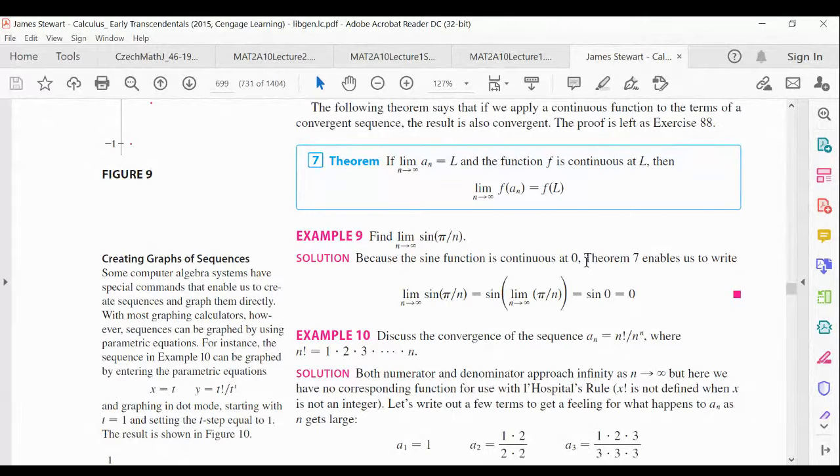That L is the limit as n goes to infinity of a n. So if you replace the L, what you have is the fact that if a function is continuous at the limit of a sequence, then you can interchange the limit. You can take the limit from outside the function to inside the argument of the function. That's what the theorem is saying.